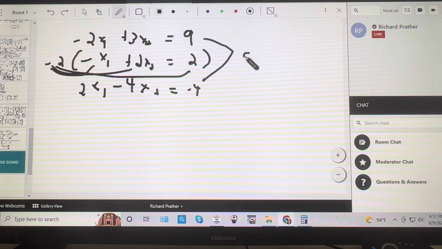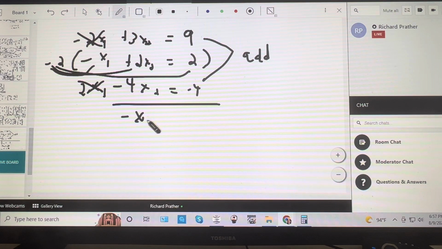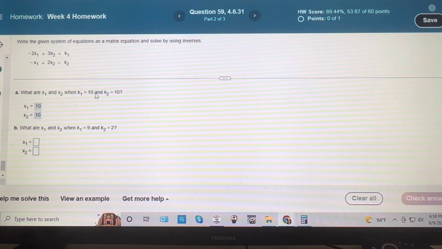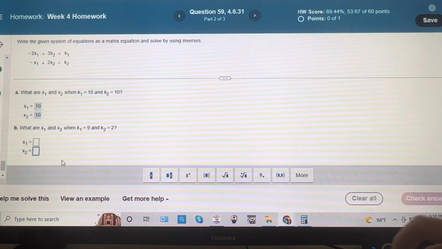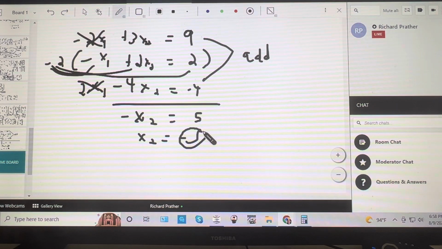So add these two together again, and the x1s cancel. You still get a negative x2, but now you get 5 there. So x2 is -5, and it's not a 2. So that's my point, is just because this is 9 and 2, that's not what your answers are going to be. Somehow when these were both 10s, the answers were both 10s, but when you have a 9 and a 2, I got a -5 for this one. And then plug the -5 right there.